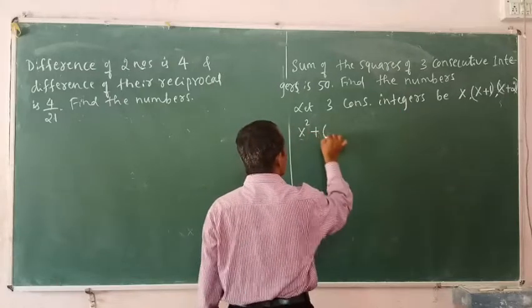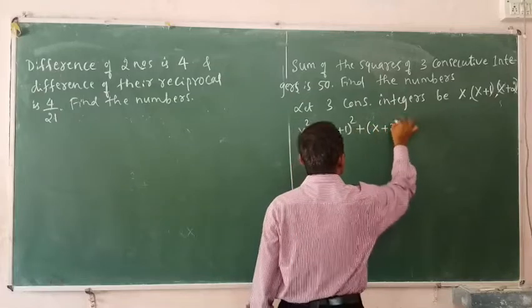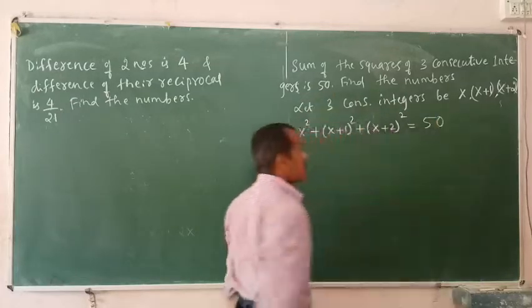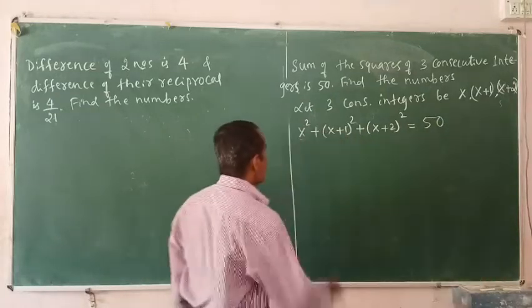x square plus (x plus 1) the whole square plus (x plus 2) the whole square is equal to 50. Let me open the bracket.